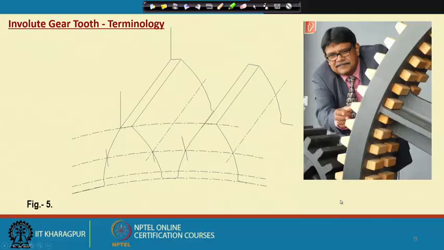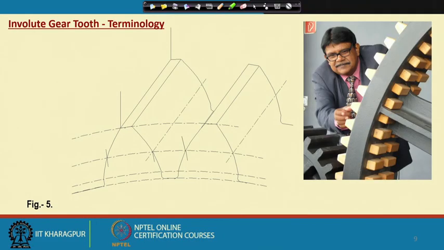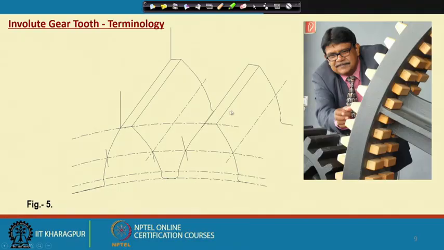Now, let us consider the involute tooth terminology, because we should know something more about the laws as well as the gear geometry and kinematics, but before that it is better to know the different terminology used in gears. Here I have drawn two involute tooth profiles, and this is the face width of the tooth. Sometimes it is called tooth width, sometimes gear width.